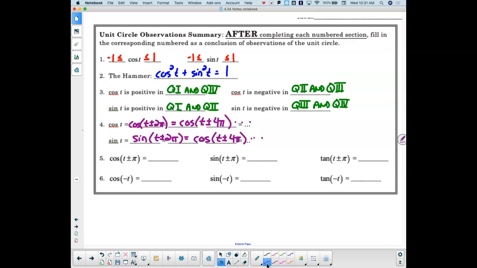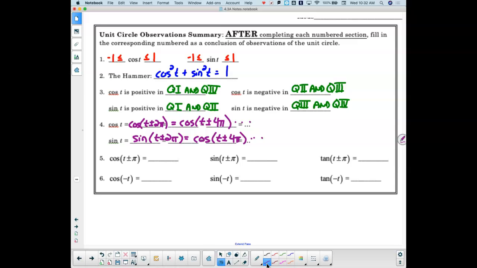In number 5, you should have learned that if you go half of a lap around, so if you add half of a circle, that puts you on the opposite side through the diameter, through the center of the circle.